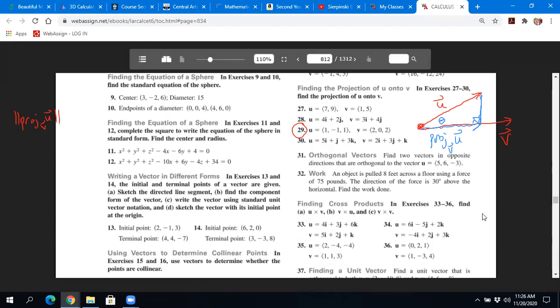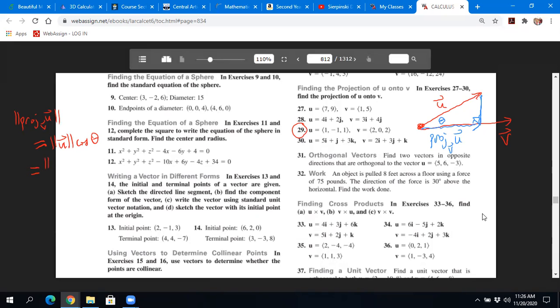Cosine. So the projection is equal to the length of u cosine of theta. And then you say to yourself, well, maybe I can multiply and divide by the length of v, right? Why would I do that?